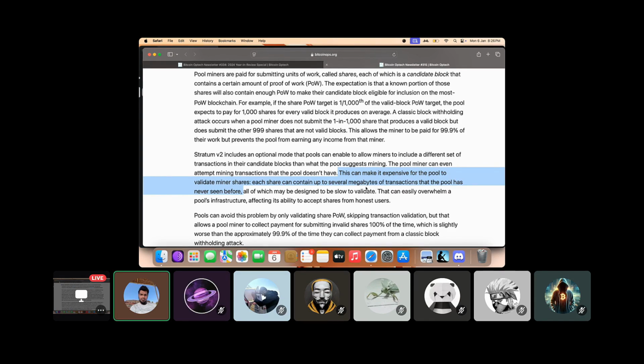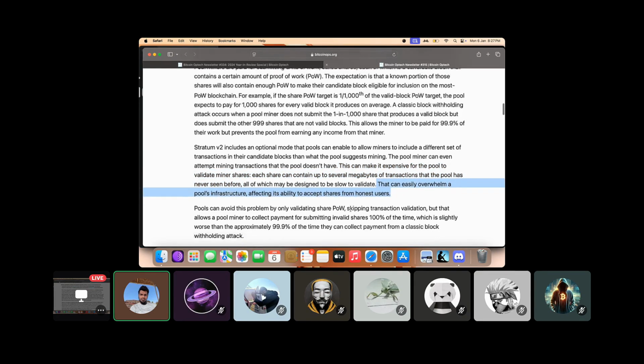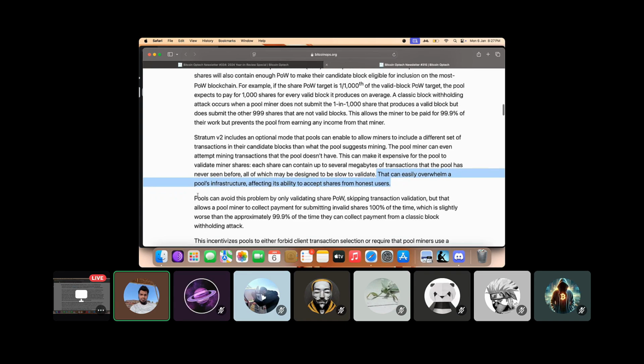And if there are 1,000 miners that a mining pool is working with, then it will probably have to validate 30,000 MB of data, maybe, every second, or maybe even multifolds of that every second, right? This can easily overwhelm the pool's infrastructure, affecting its ability to accept shares from honest users.